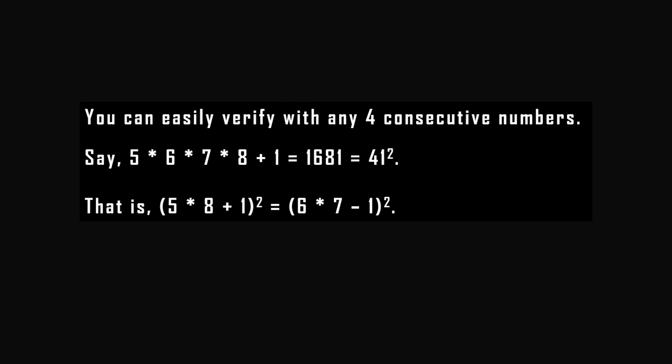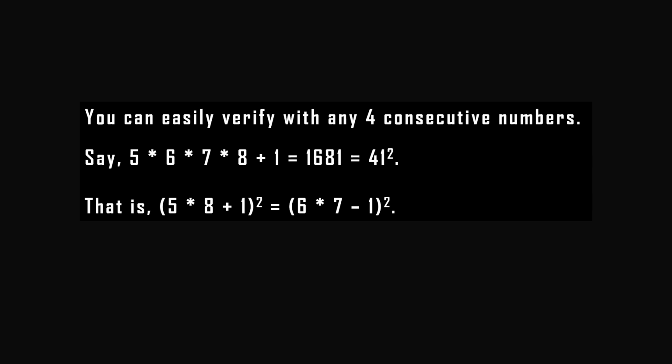We could actually multiply and prove this, but we should just verify it with any four consecutive numbers. Here we have taken 5, 6, 7, 8. Now 5 into 6 into 7 into 8 gives you 1680. Then you add 1, which is 1681, and that is 41 square. Now how do you get 41?